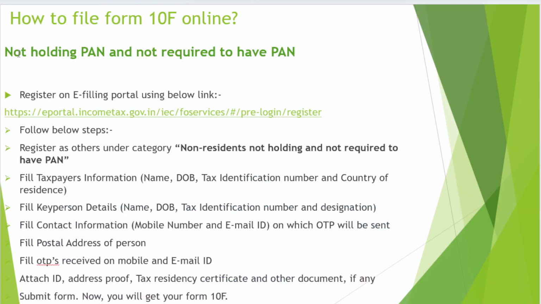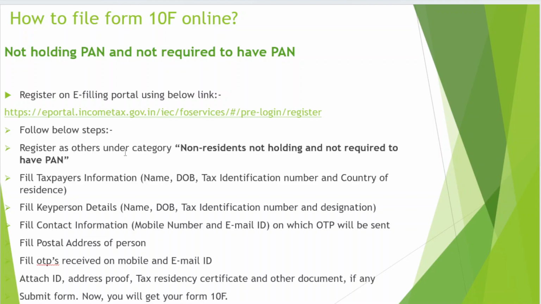Now we are talking about how to file Form 10F for the person not holding PAN and not required to have PAN. First of all, in that case, we have to register on the e-filing portal with the same link that was in the previous slide. After that, we will follow the below steps.